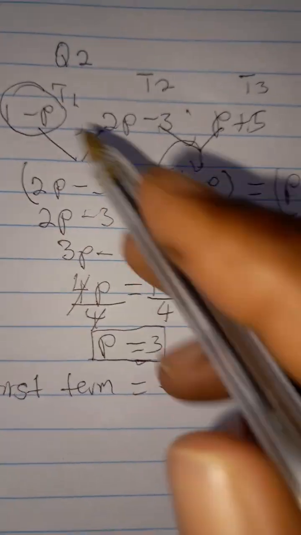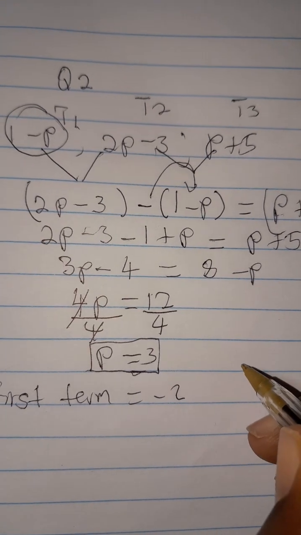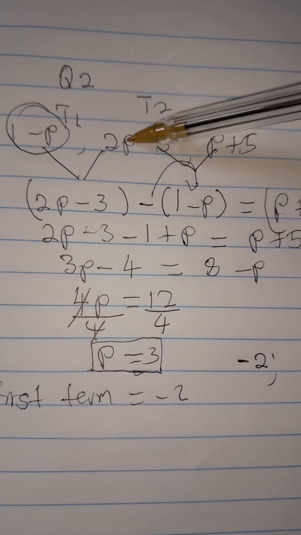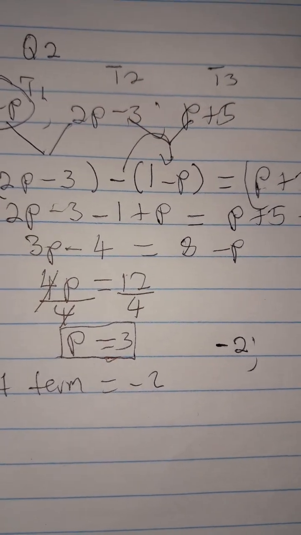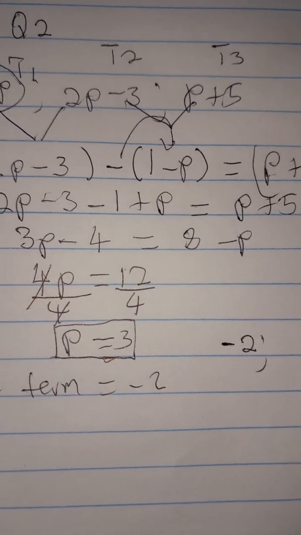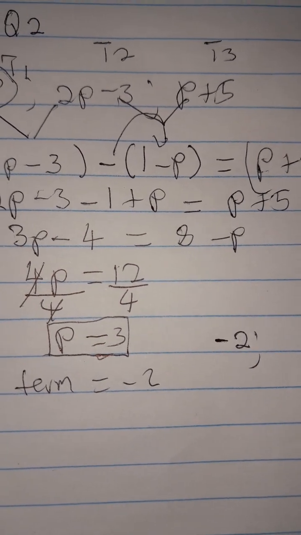So let's substitute 3 in every term there. So we are going to have negative 2. So let's put 3. We are going to say 2 multiplied by 3, that will be 6 minus 3, that will be 3.